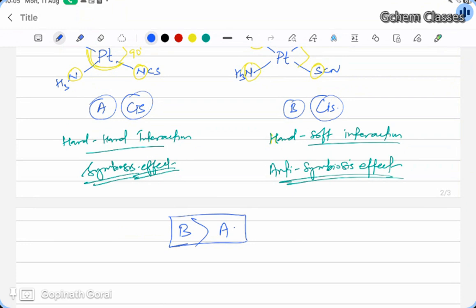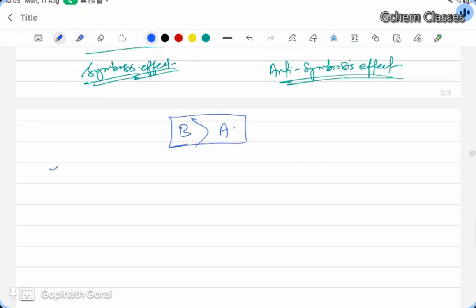But if it is in trans phase, suppose another example I'm taking, otherwise you won't understand. Suppose this is another example, platinum, square planar, connecting with NCS, sorry, I should take trans form, not cis form, NH3, NCS, NH3. Now you see 180-degree angle between the similar ligand.